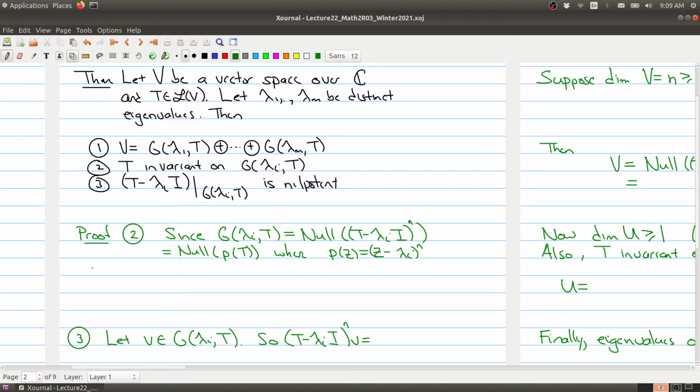Then by the lemma, T is invariant on the space G(lambda I, T), because T is invariant on the null space of this operator coming from this polynomial.